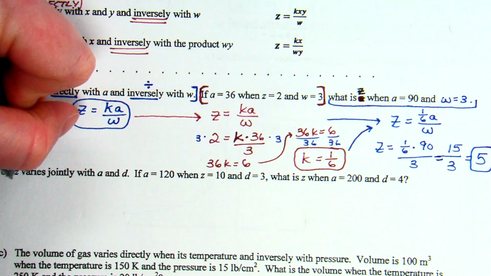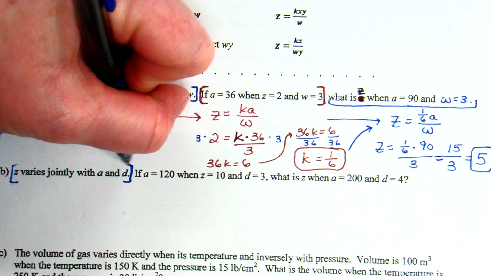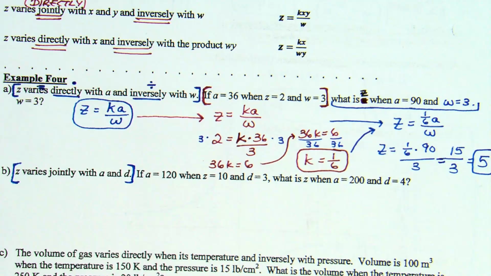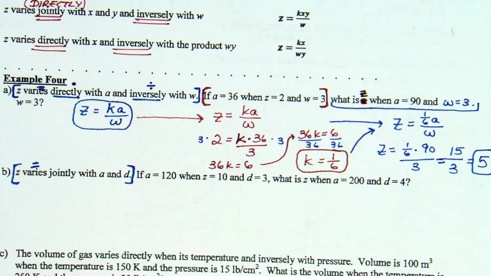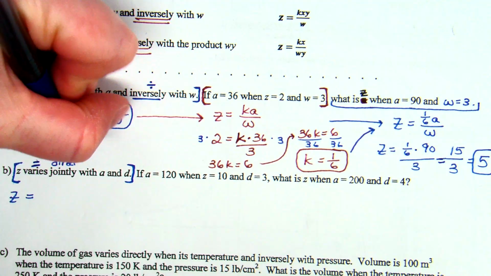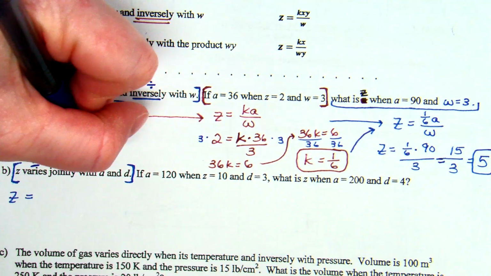Varies jointly with A and D. Okay. Let's just write an equation that we can use throughout this. Z varies jointly with A and D. Z varies. What's that tell me? Varies, I'm going to use the word equals. So Z equals. Jointly is a lot like the word what? Directly. And directly or jointly means we're going to multiply.